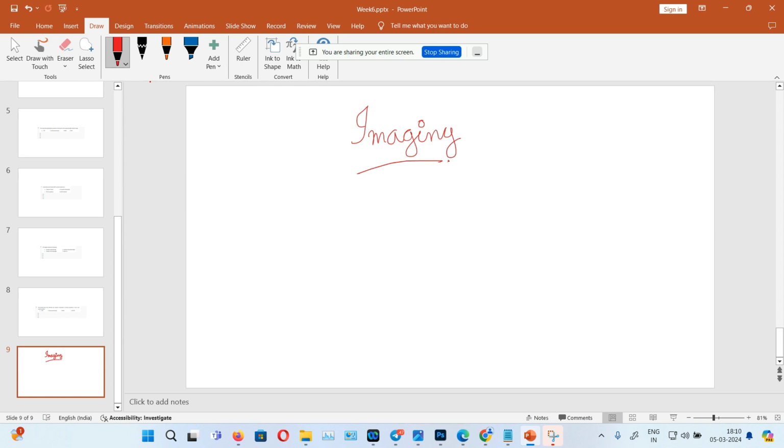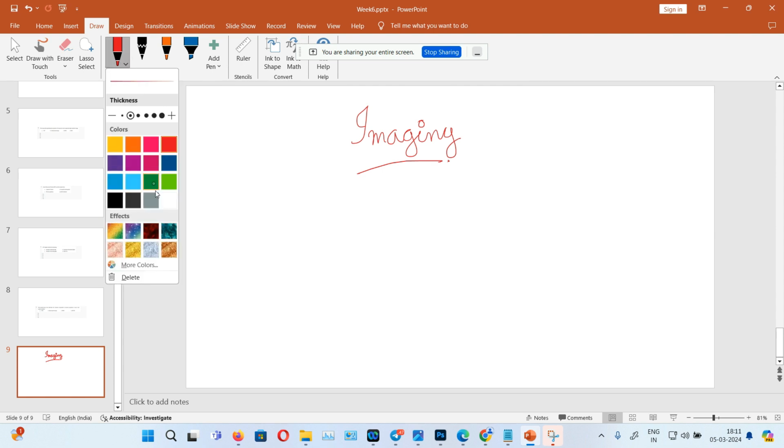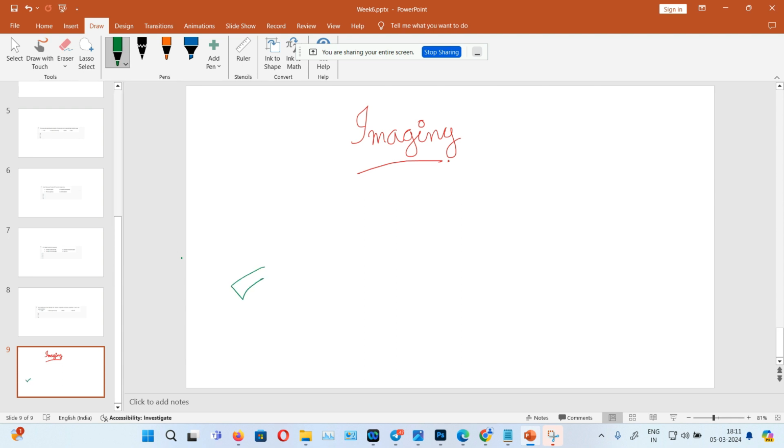Okay, so to get an image, we want an object. Let one leaf be my object. I want a replica of this object, let it be big or small.